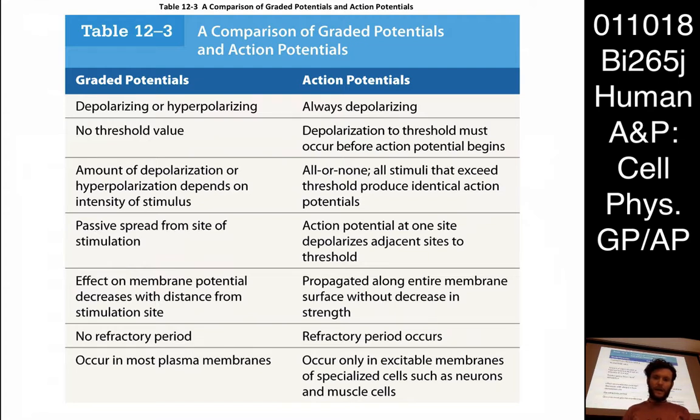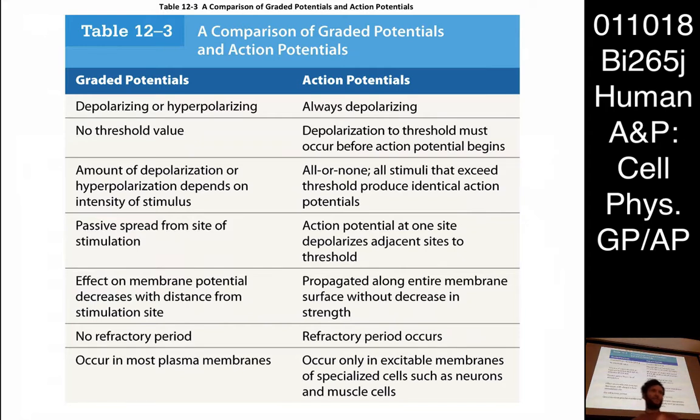And there is no refractory period. We find this in most plasma membranes in the body. Most plasma membranes can have a graded potential of some sort. All cells have some kind of transmembrane potential. But excitable tissues are ones that can have action potentials.